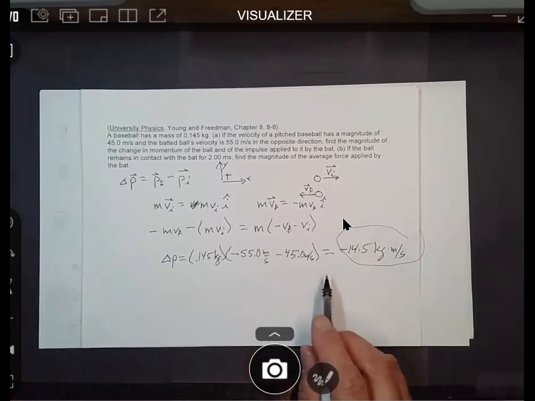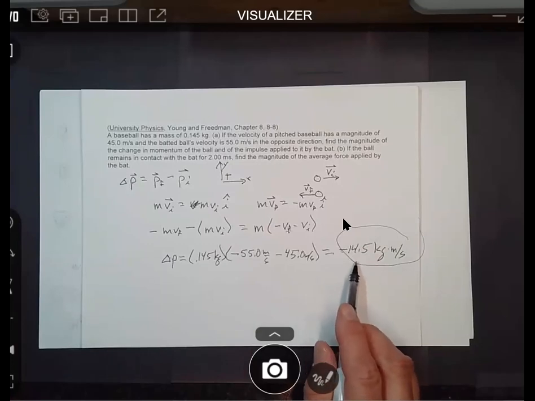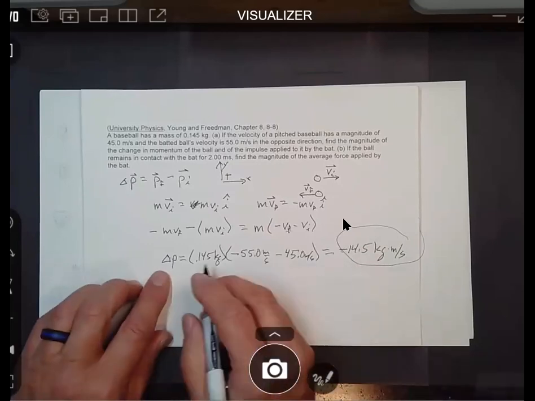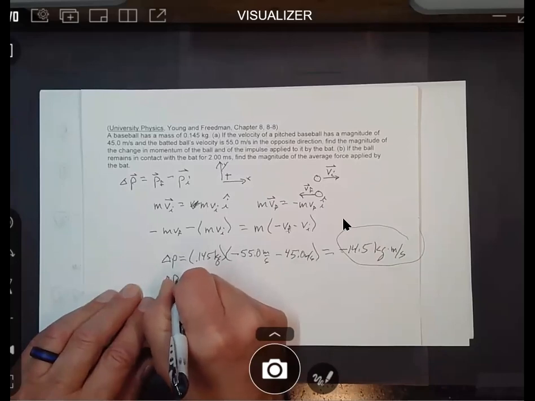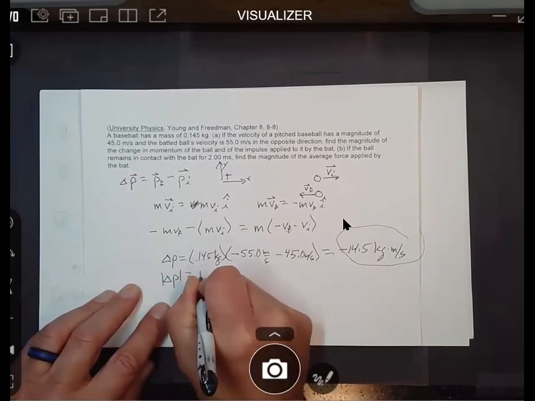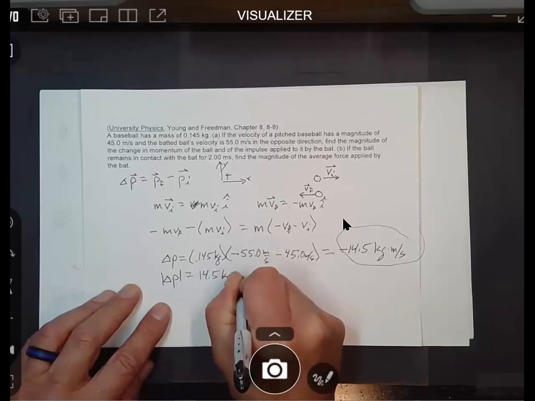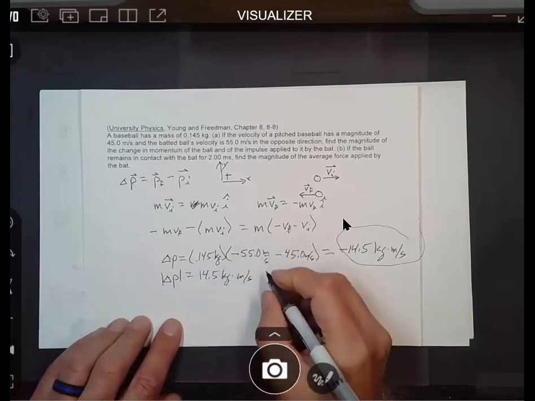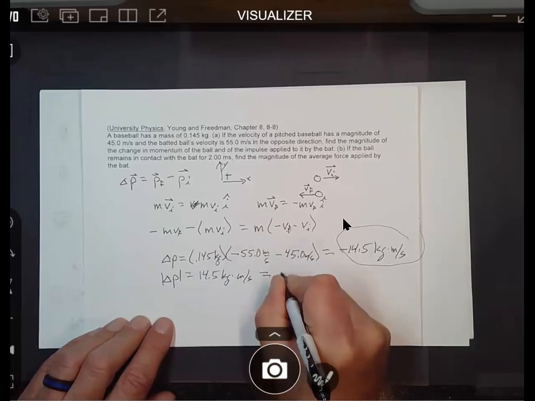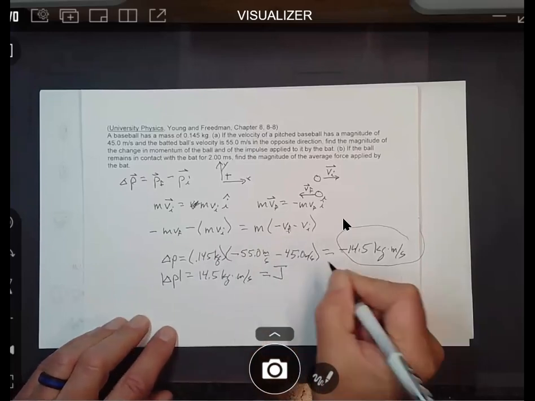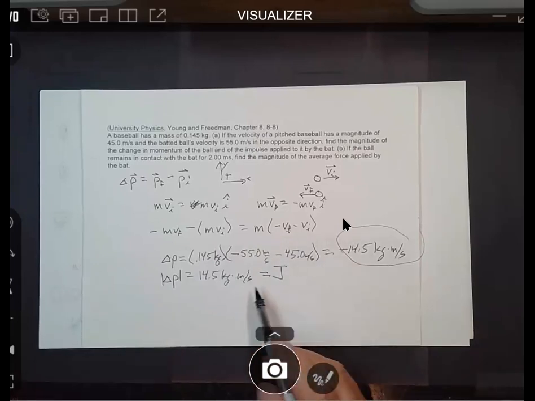Now, the magnitude of the momentum change is just going to be the 14.5 kilogram meters per second. And that's also the impulse applied to the ball by the bat. That's what produced the change in momentum.